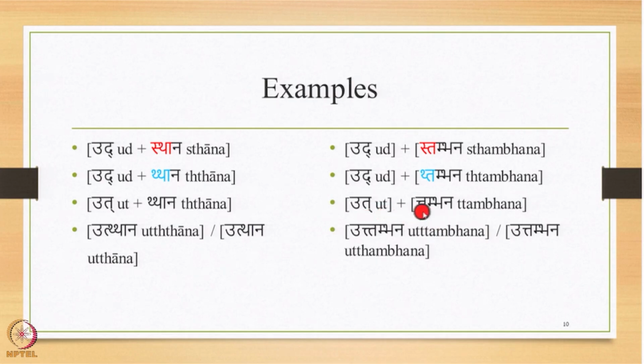Now we apply the sutra jharojhari savarne, because of which this second takara gets zero substitution or optionally deleted. So we have uttambhana with three takaras or uttambhana with two takaras as the derived output of this particular sutra.